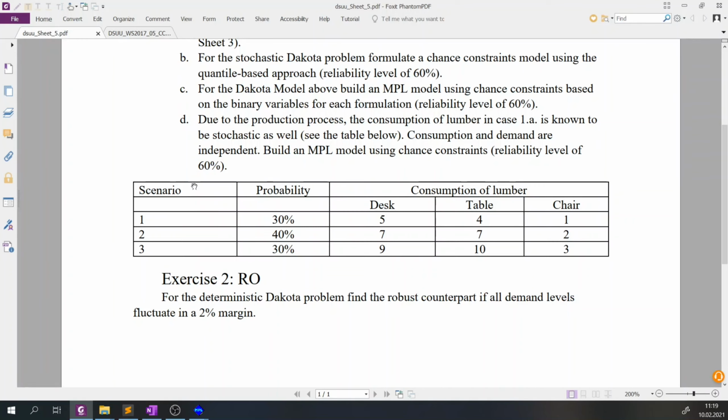In the previous examples related to discrete scenarios, we assumed that demand can have some values with some probabilities, which we call the scenarios. Here we assume that it fluctuates plus minus 2%.